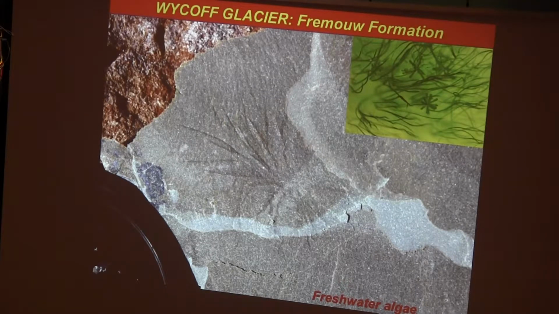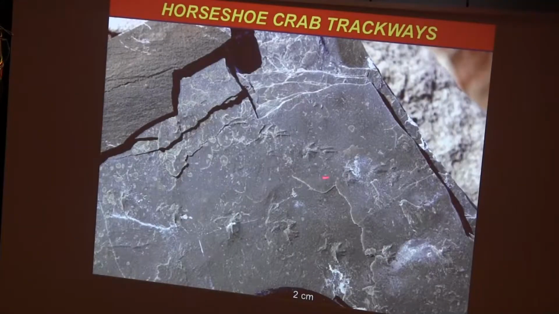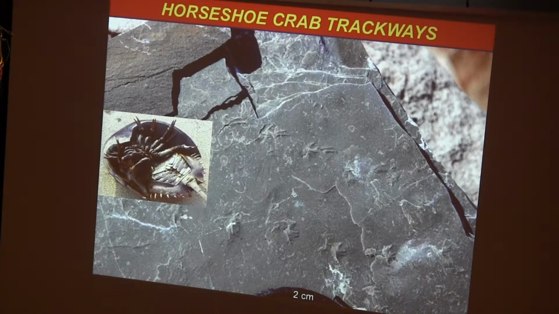But one of the most spectacular things that we found there were these traces. So the Fremont with braided rivers inland, like Nebraska and Kansas, fresh water, no ocean nearby. These are trackways of horseshoe crabs.